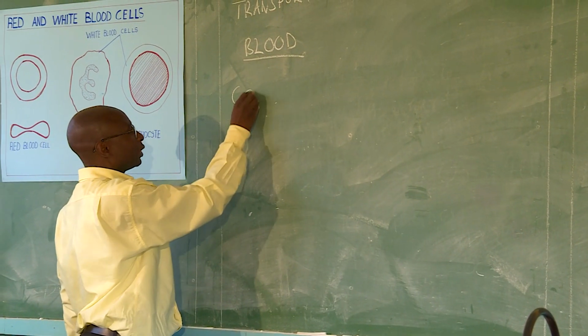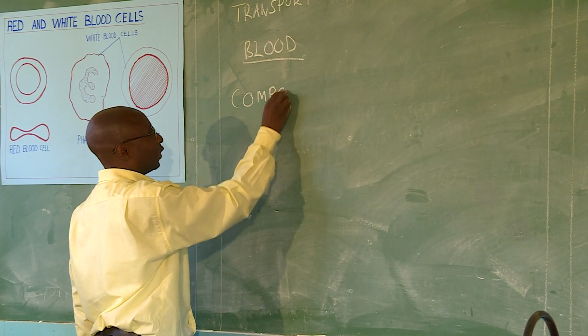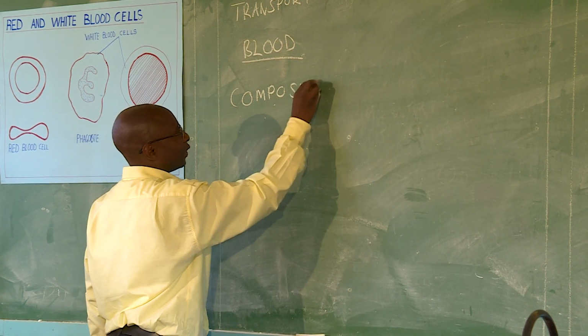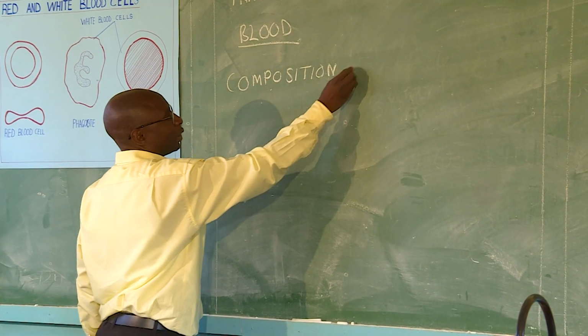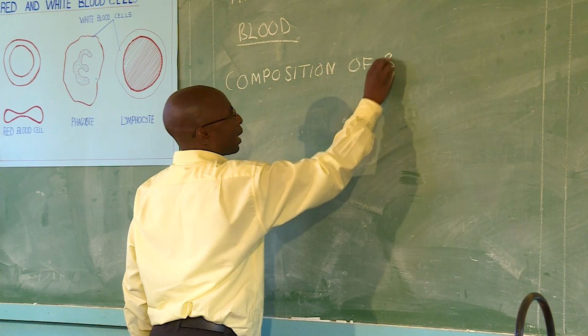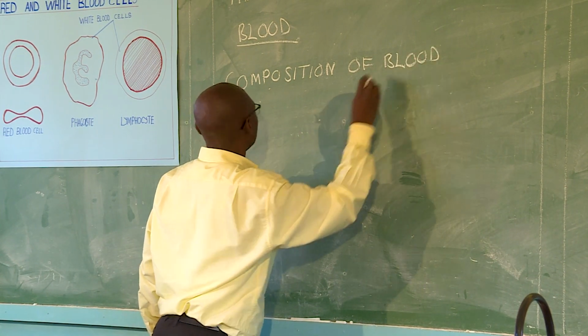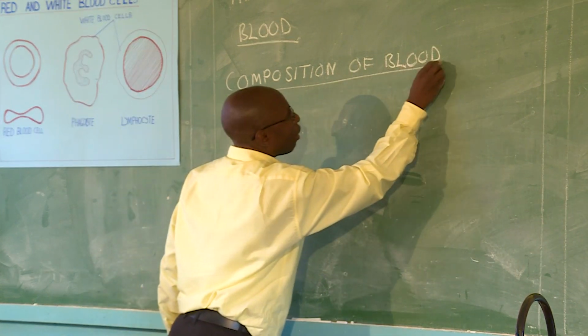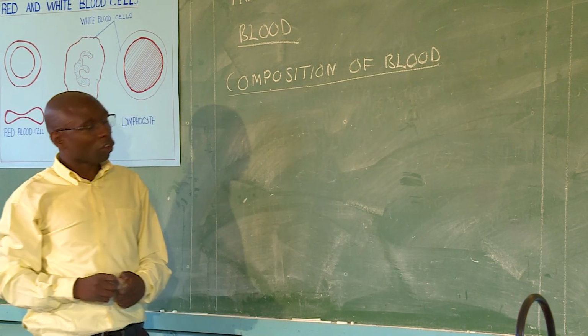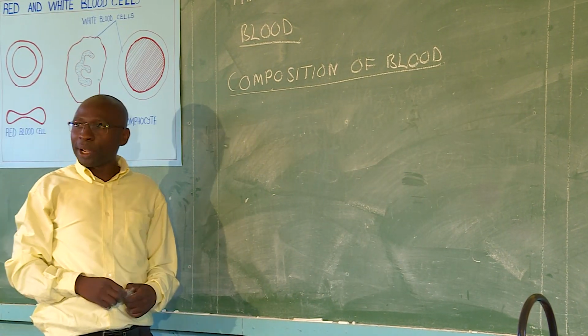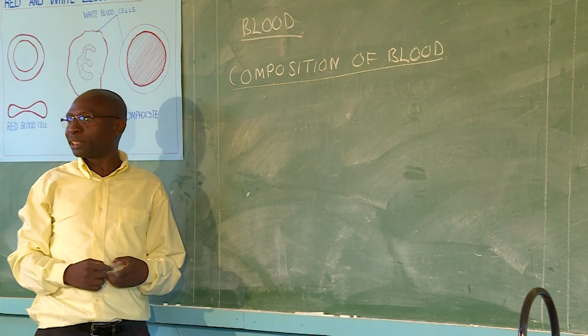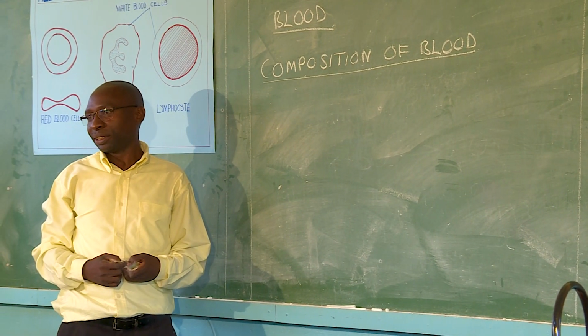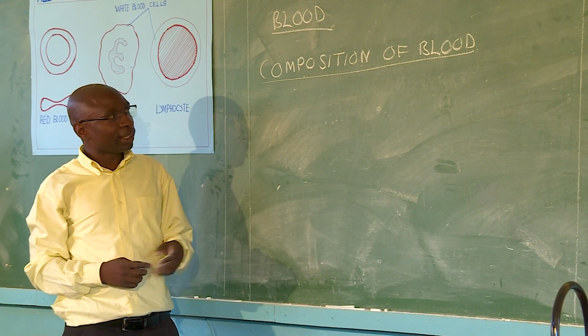We look at the composition of blood. When we talk about the composition of blood, we are referring to what does blood contain? What are we going to find in blood?